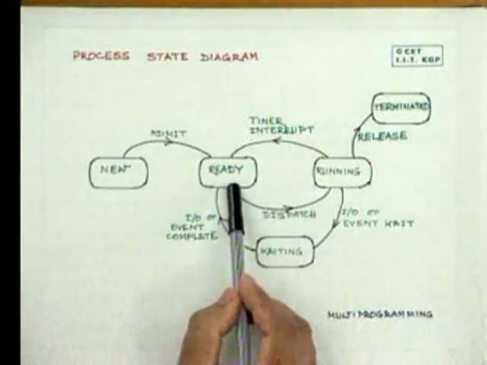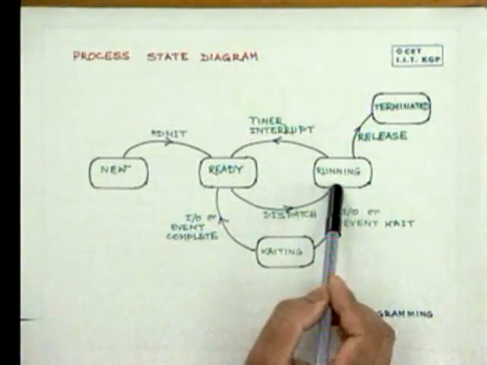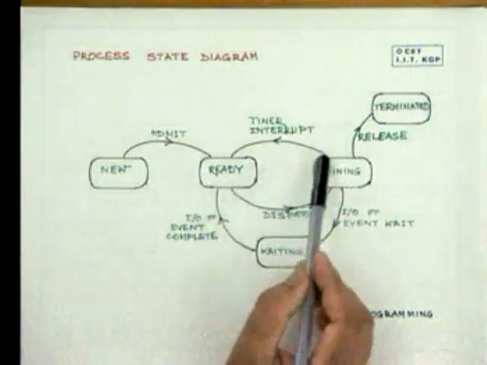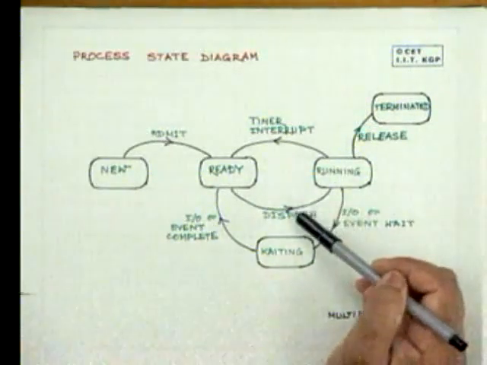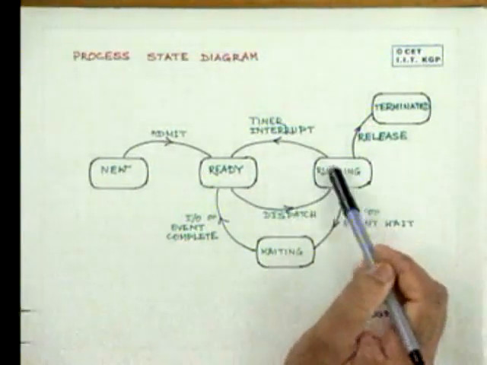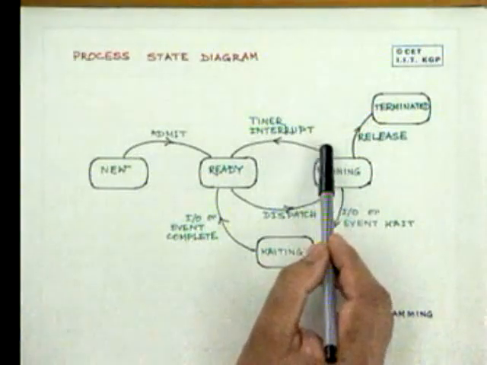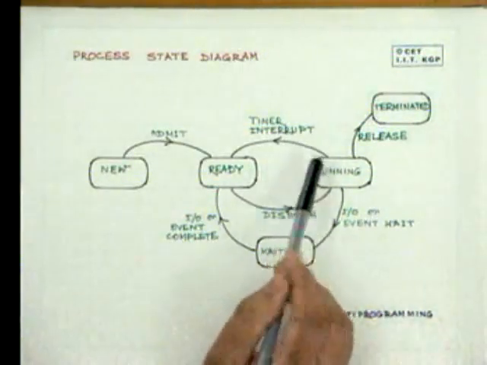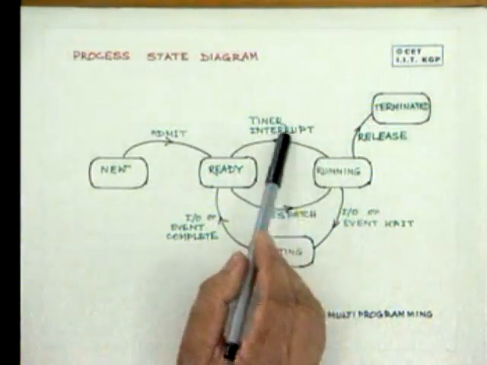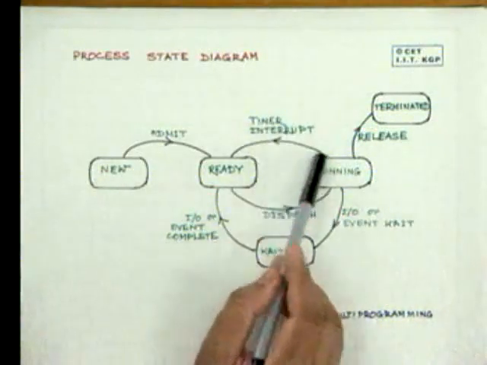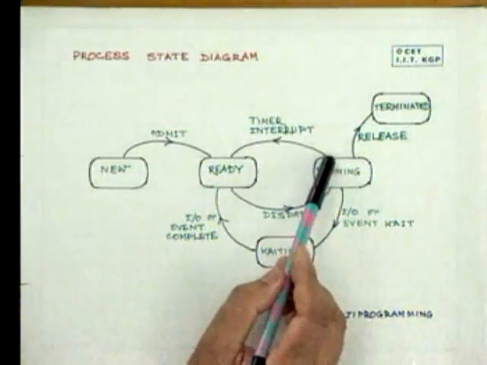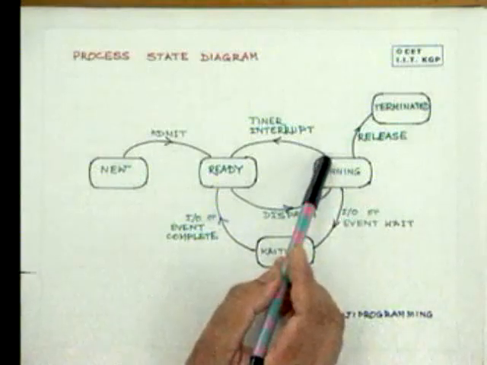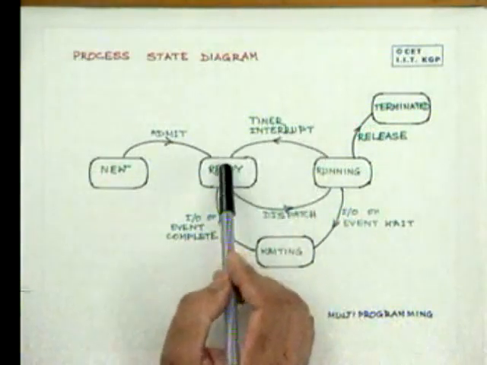And another process is given a chance to have the processor. That is why, in a multi-programming environment where more than one process is in the system, there is another transition, which we call on timer interrupt. The process can be taken out of the CPU, that means the running state, and comes back into the ready state.